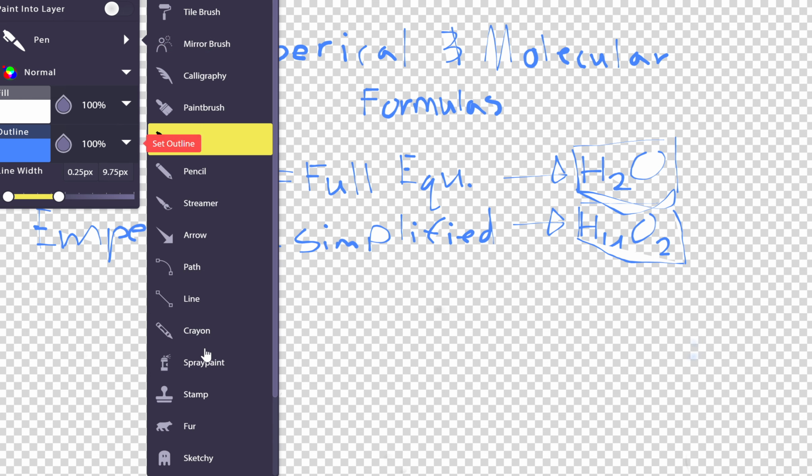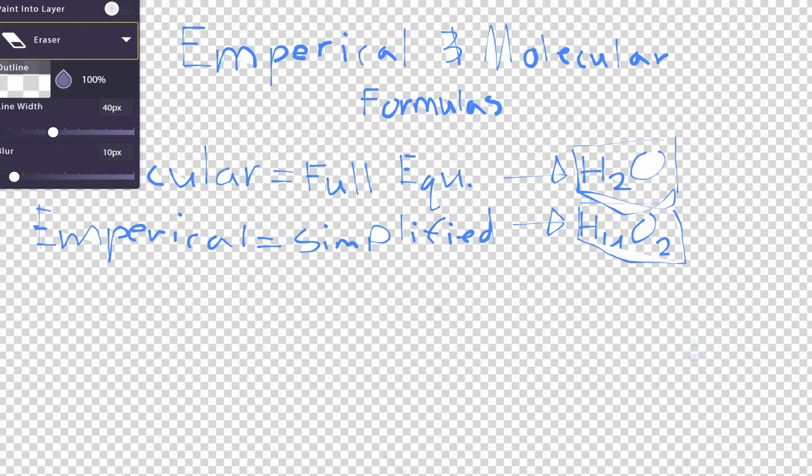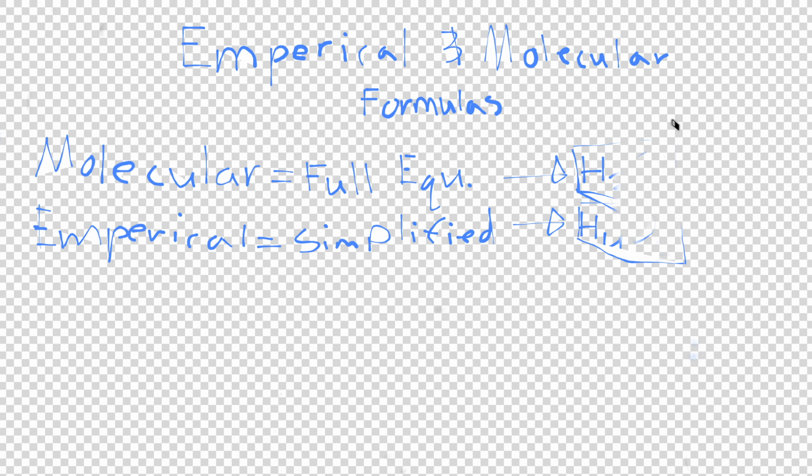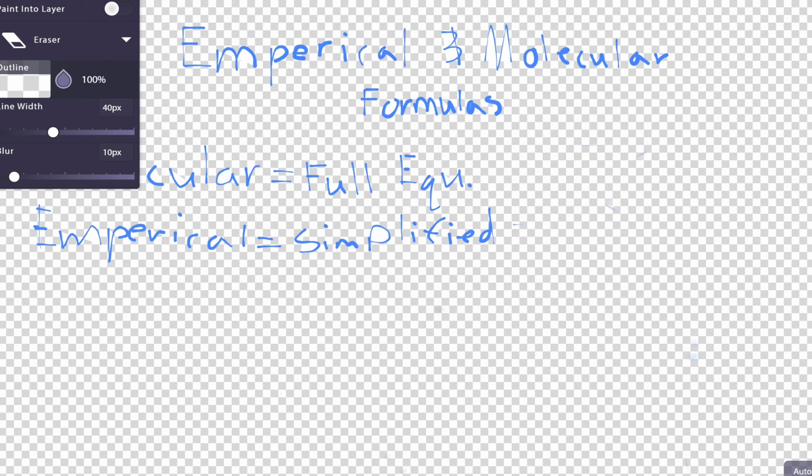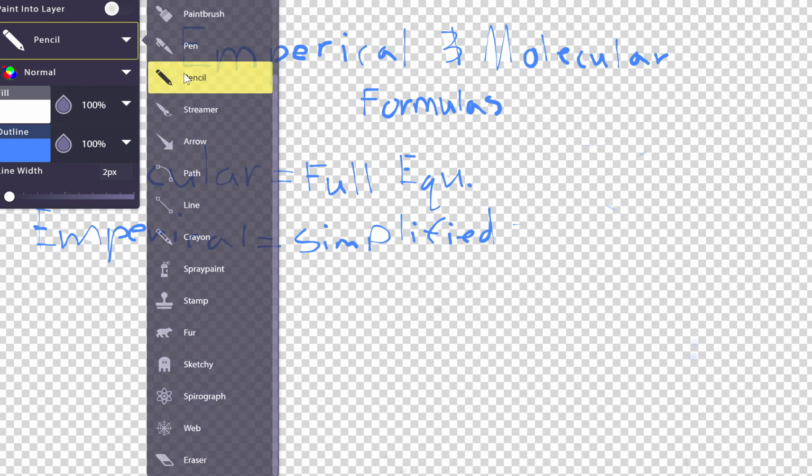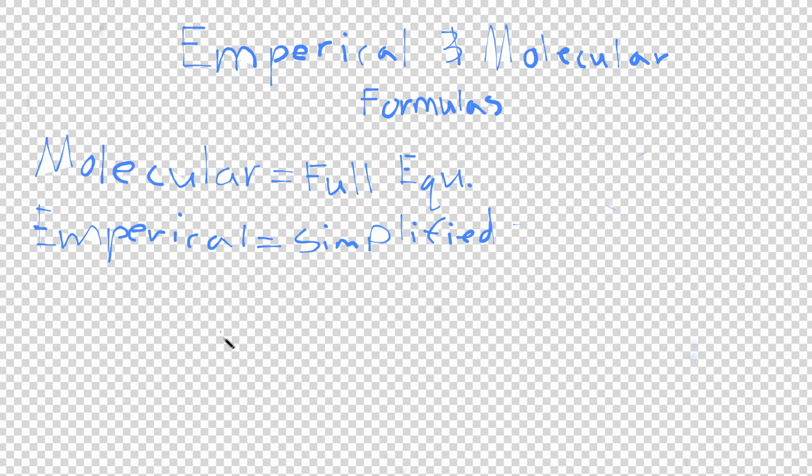So let's look at this with more examples. Say I wanted to write out the molecular equation of glucose.